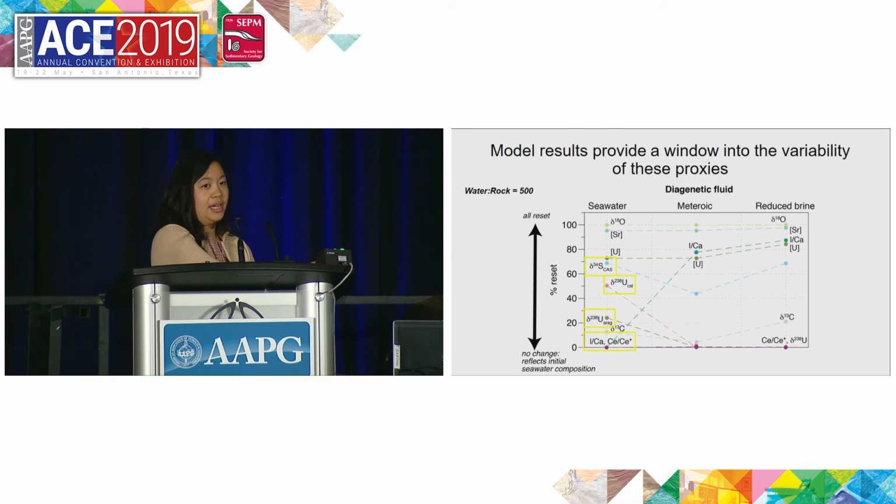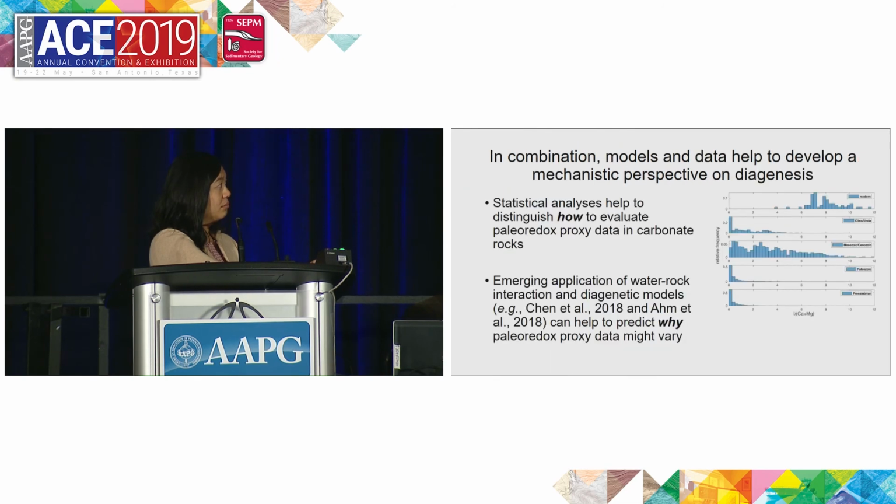But if we expand to different kinds of fluids, we can see that this actually varies quite significantly, and namely that iodine-calcium can change really dramatically, whereas uranium becomes more robust. So hopefully with this framework, we can start making predictions about how diagenesis actually affects these different records. Okay, so in combination, these models and data can help to develop a more mechanistic perspective of diagenesis.